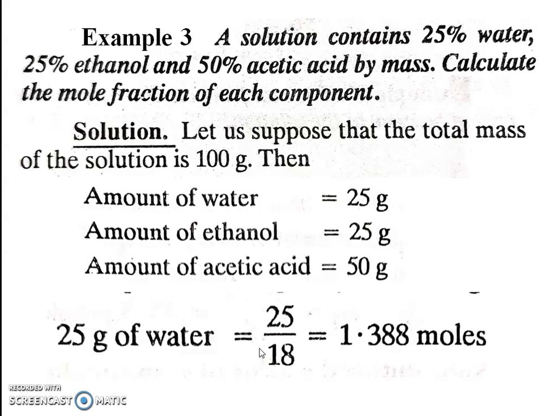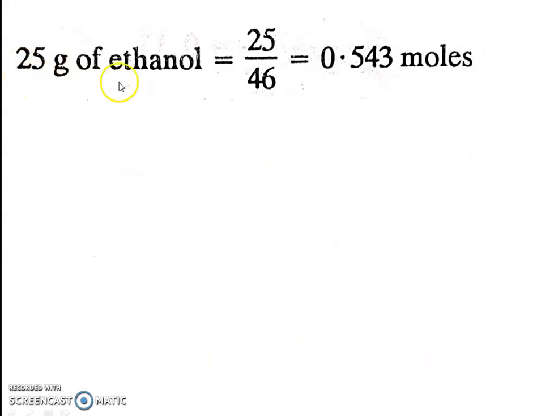Now the number of moles of water we find out first. 25 gram water is there, and weight of water upon molecular weight of water gives the number of moles. So 25 upon 18, where 18 is the molar mass of water. When we solve this, it comes 1.388 moles of water present in the solution. Similarly, the number of moles of ethanol equals the weight of ethanol, that is 25, upon the molar mass of ethanol, that is 46.